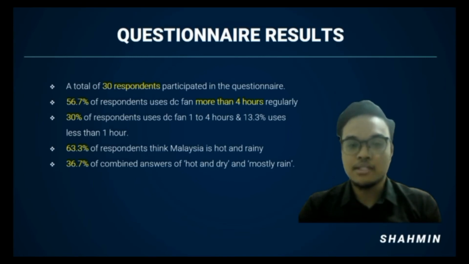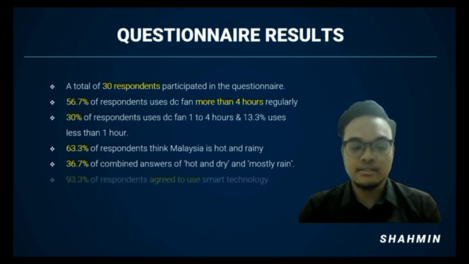So mostly in big cities, Malaysia has UHI, which is urban heat island, a phenomenon where major cities have warmer temperature than the rural area surrounding it.